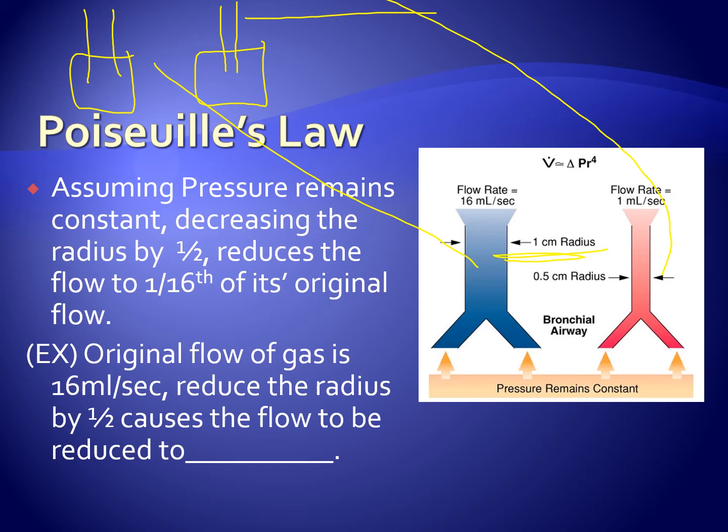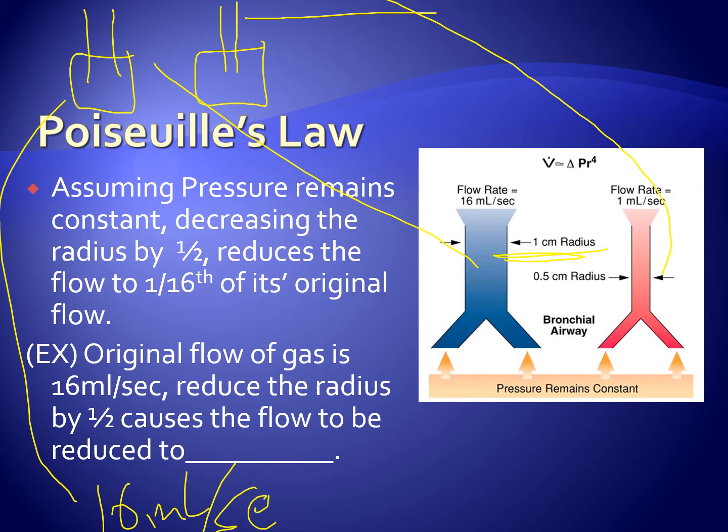So if I have a flow, and let's just say, to satisfy my taste buds, I need 16 mLs per second to flow into my mouth. That's what my taste buds like. That's what my esophagus likes. That's what helps me avoid having an ice cream headache. 16 milliliters per second.